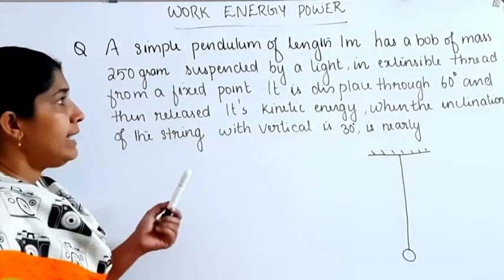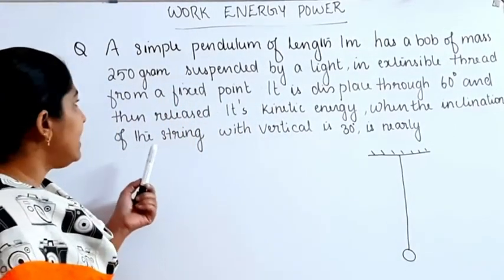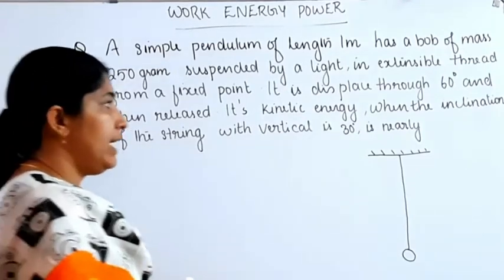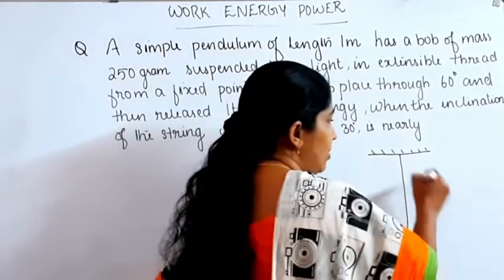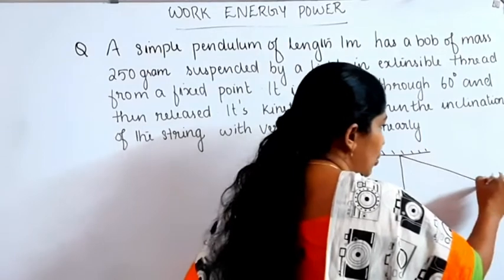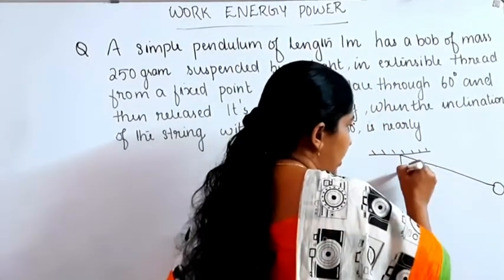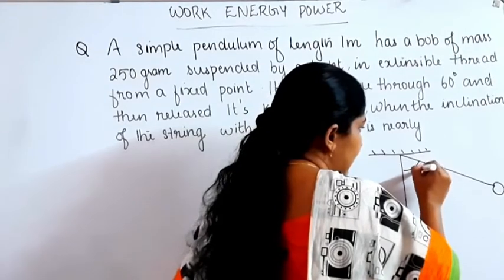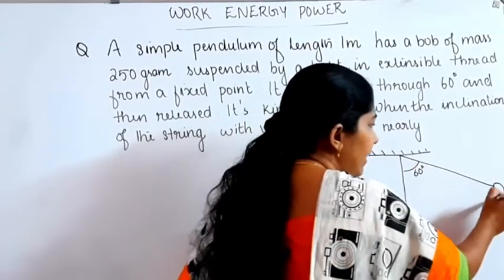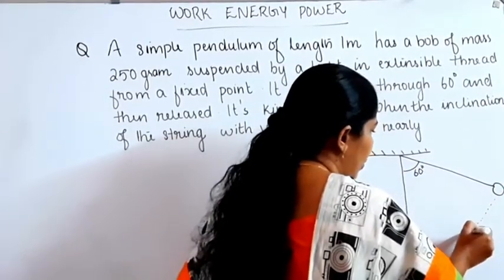It is displaced through 60° and then released. If this angle is taken as 60°, then it is released.